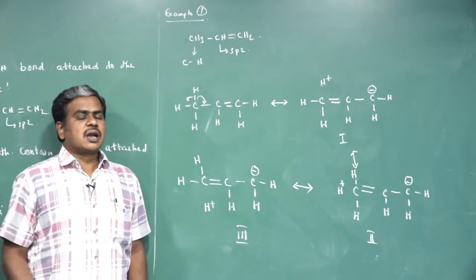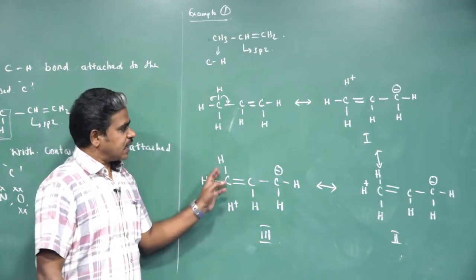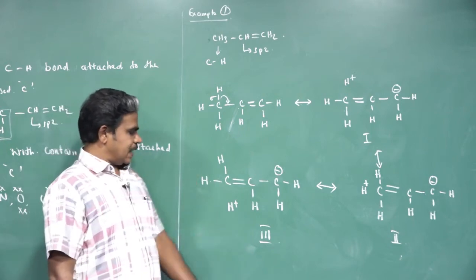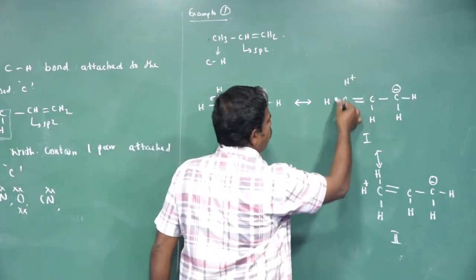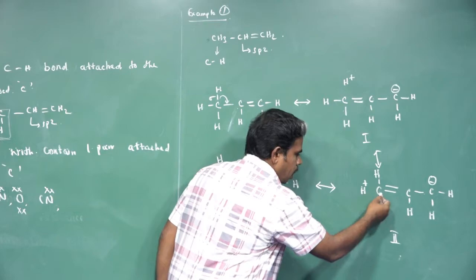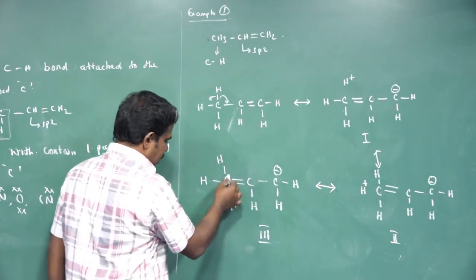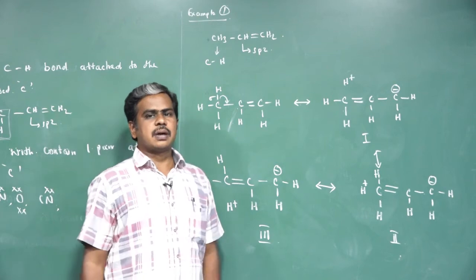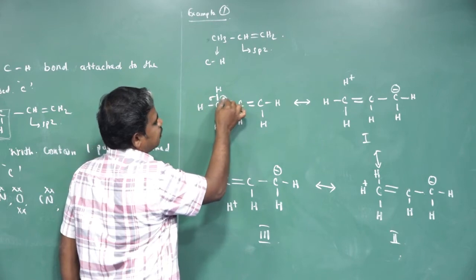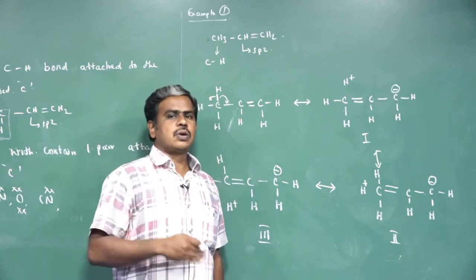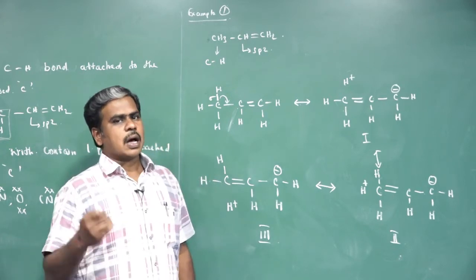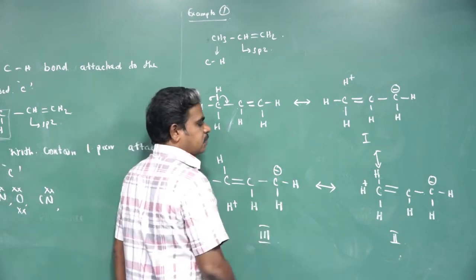So hyperconjugation leads to resonating structures. We are getting three resonating structures for propylene. Now in this case, here there is no bond between carbon and hydrogen. Here also there is no bond between carbon and hydrogen. Here also there is no bond between carbon and hydrogen, and it has only delocalization of the sigma electron to the sp2 hybridized carbon, which contains a vacant or empty p orbital.